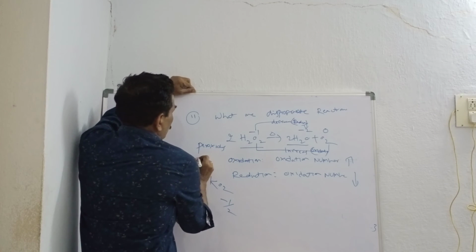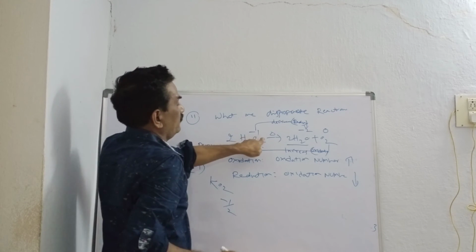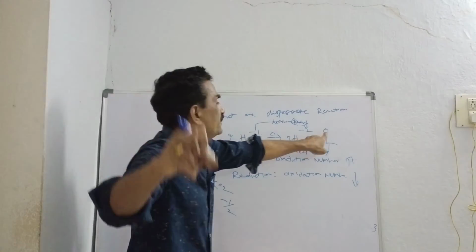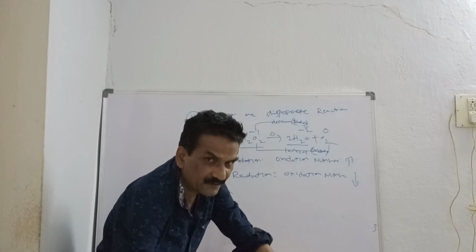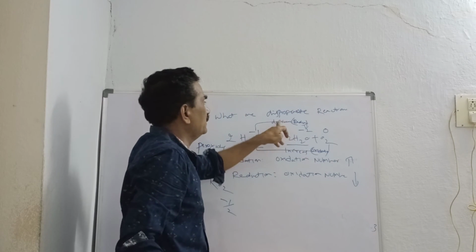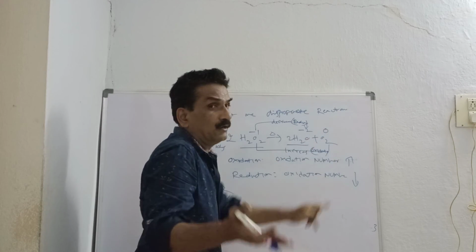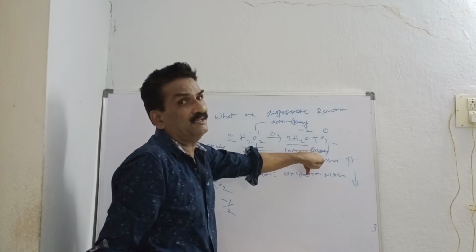Peroxide's oxygen shows -1. In ordinary oxides, -2. Free state, 0. -1 to -2: the oxidation number decreases, and that is reduction. Here -1 to 0: the oxidation number increases, and that is oxidation.